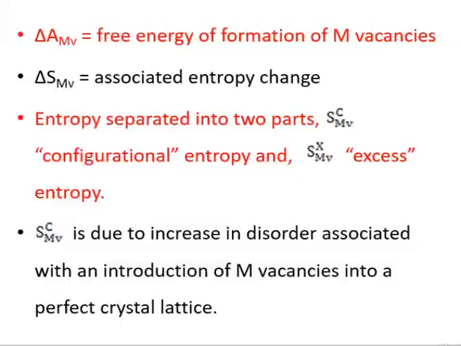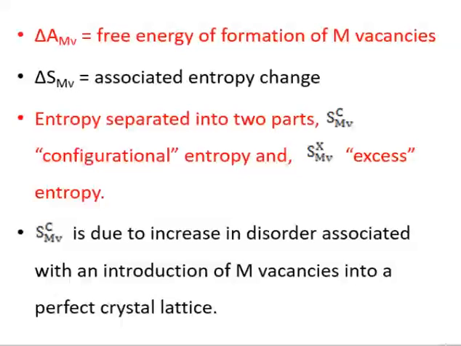Now, this delta A mv stands for the free energy for the formation of m number of vacancies, and delta S mv is the entropy for generation of m number of vacancies, and this entropy can be divided into two parts.